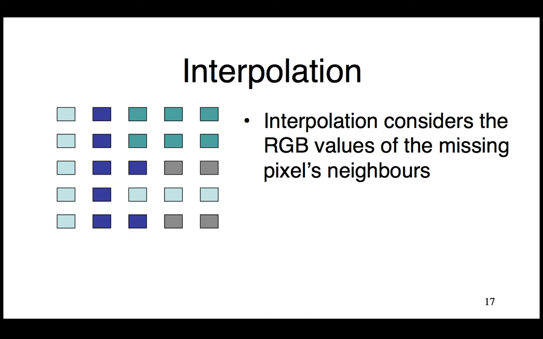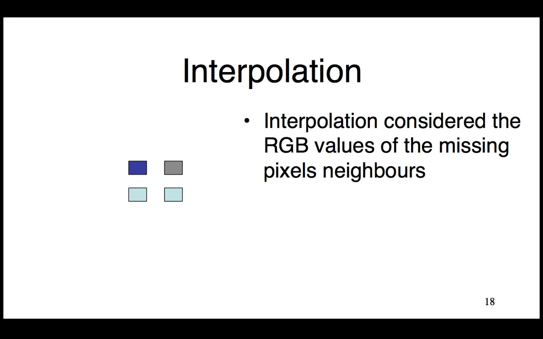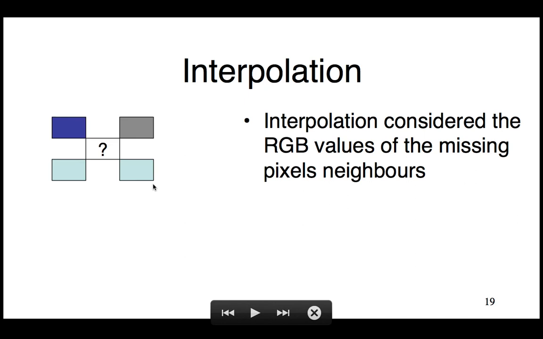At the boundaries of things, though, it becomes a bit unsatisfactory, because you just have to have a guess. So let's look at this pixel here. What might that missing pixel be? If we just consider now this missing pixel in here, let's take a closer look. What value would it have? What color might we expect it to be?